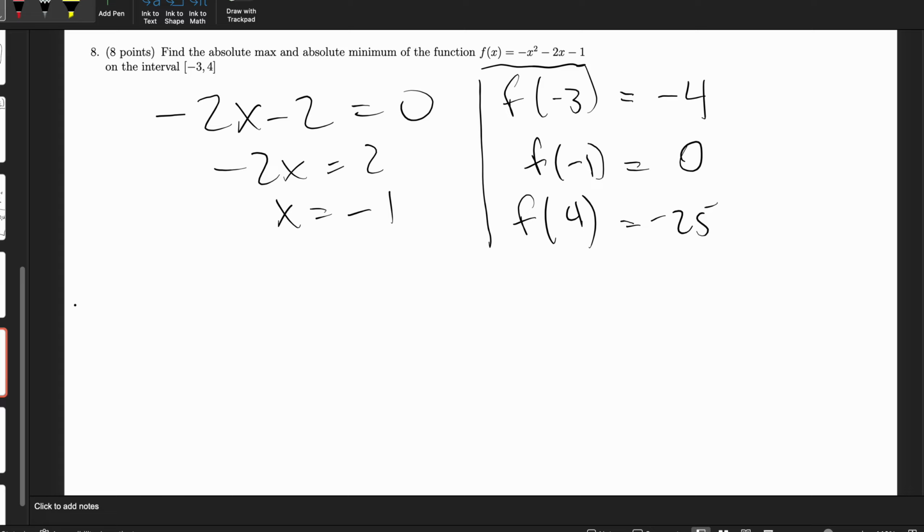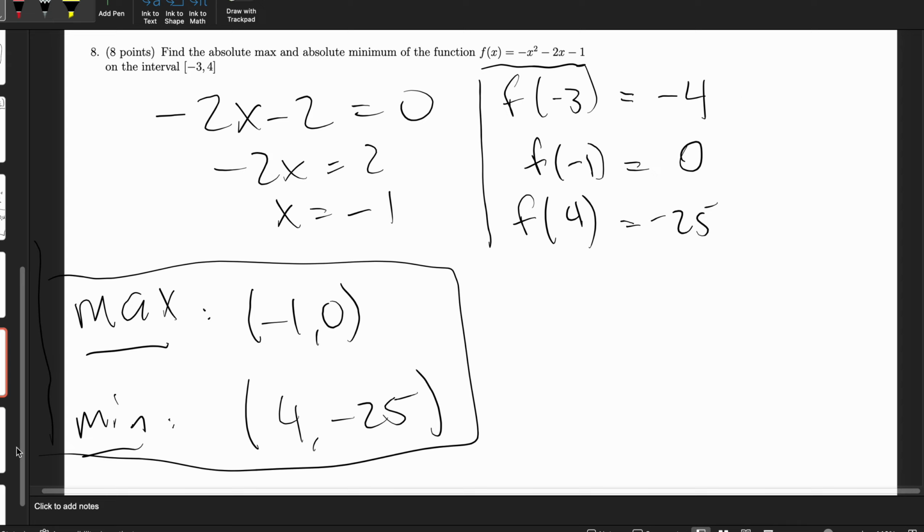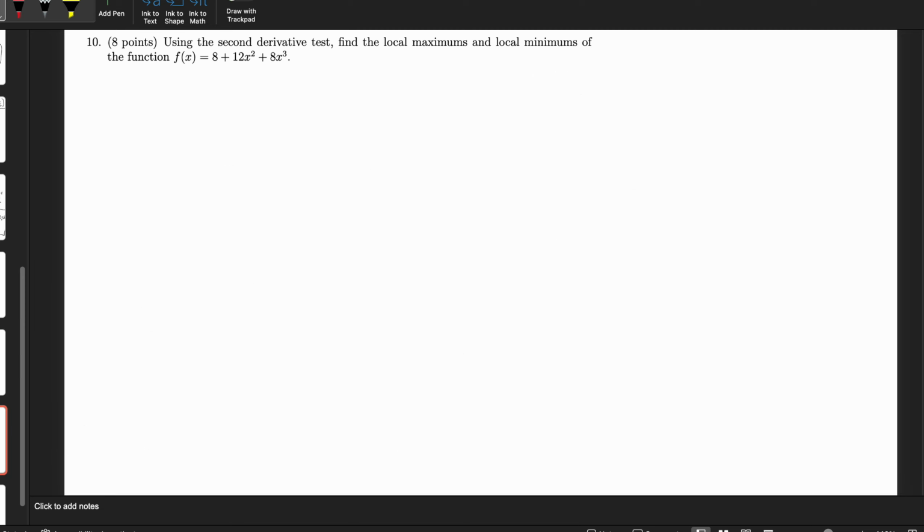So the maximum occurs at minus 1 comma 0, because that's the highest y value, which is 0. The minimum occurs at 4 comma minus 25, because that is the smallest of all these values. Okay, so those are going to be our answers.